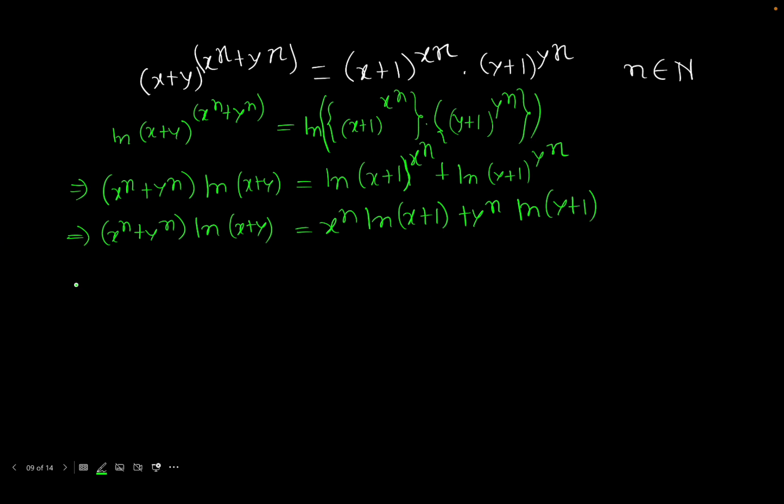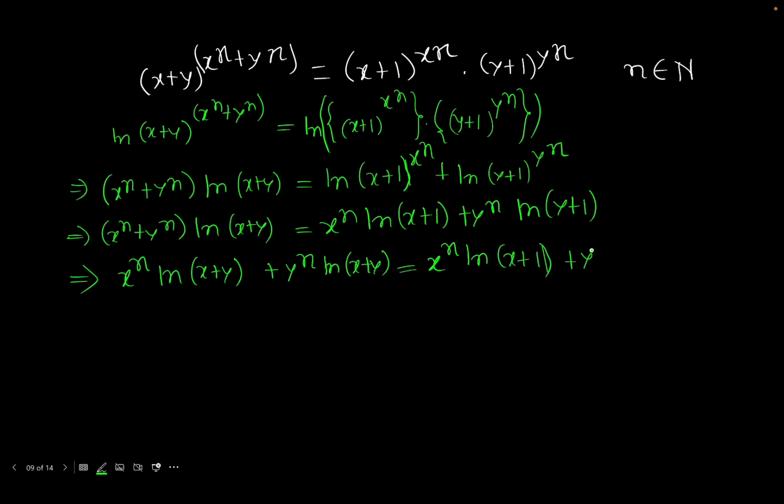Then we multiply: x to the power n ln x plus y plus y to the power n ln x plus y is equal to x to the power n ln x plus 1 plus y to the power n ln y plus 1.